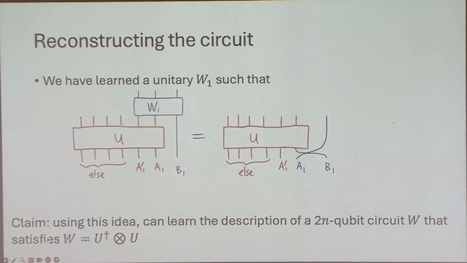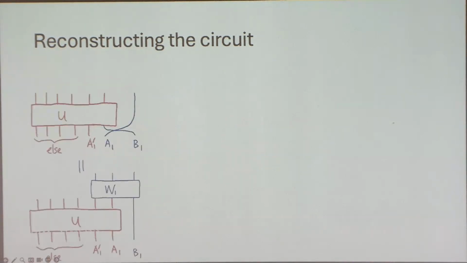OK, so how do we get this circuit? Here is how it works. We just start from the same picture. So at the bottom is what we have done. We have applied this small circuit W1 on top of the system that sort of swaps an input wire. But now, because the system is not disturbed, we can do this everywhere.